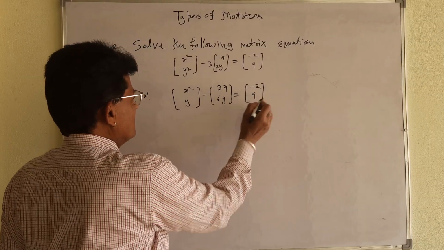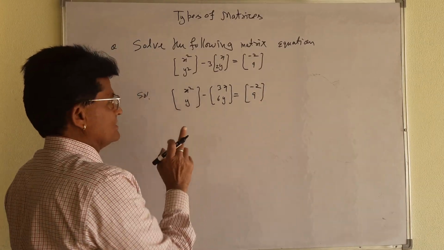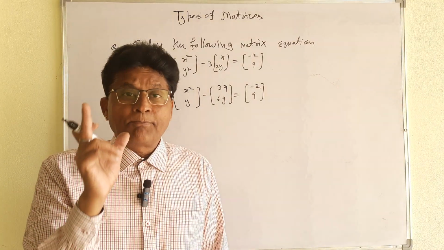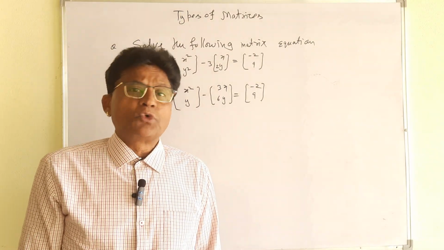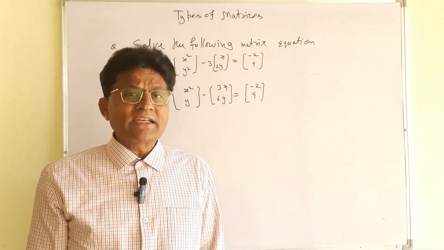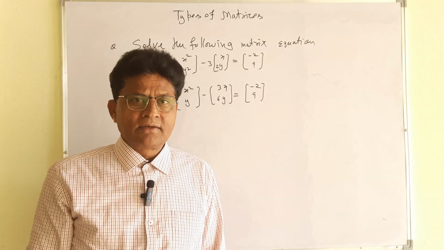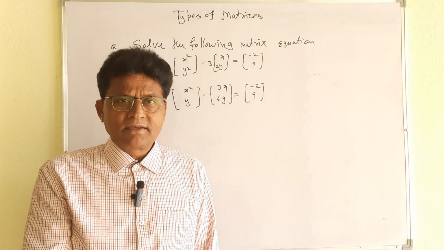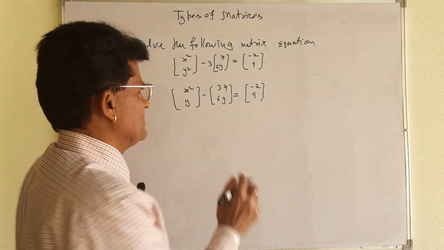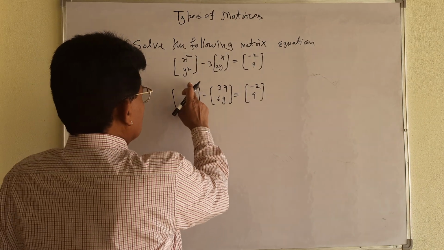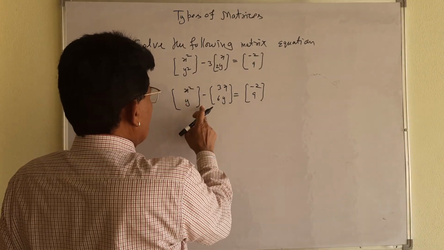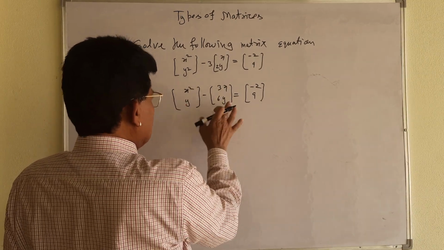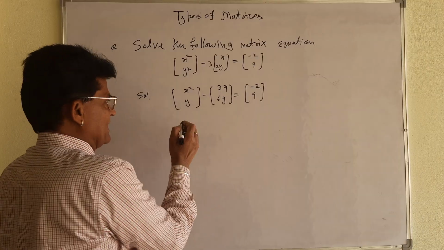See, this is a simple question. Let me take the subtraction of two matrices. How can you subtract or add matrices? If the order is the same, you must keep in mind. See, the order is 1 column, 2 rows, 2 by 1. It is also 2 by 1. That is why you can subtract the matrices.